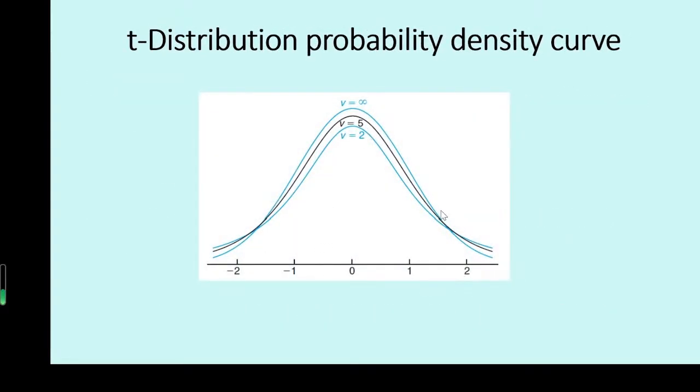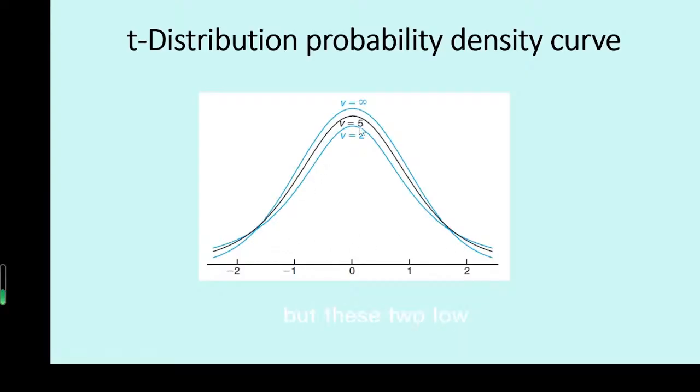You can see this figure shows several t-distribution density curves. If we have infinitely large degrees of freedom, this is actually the standard normal distribution, the highest curve.